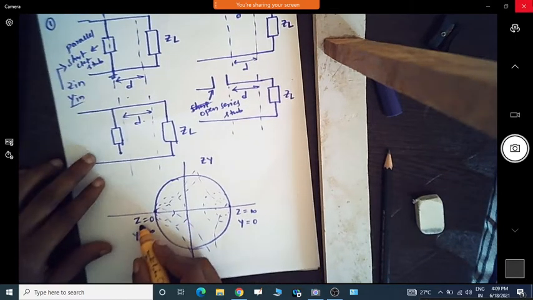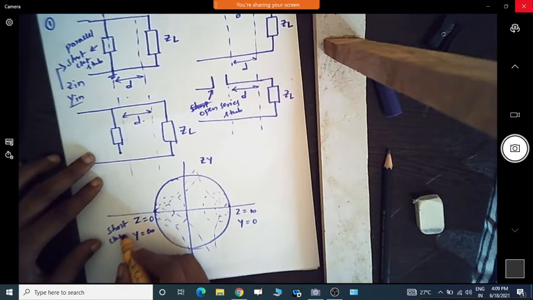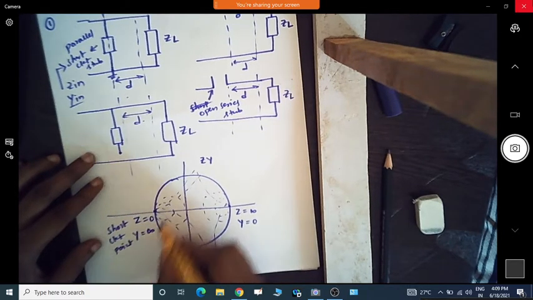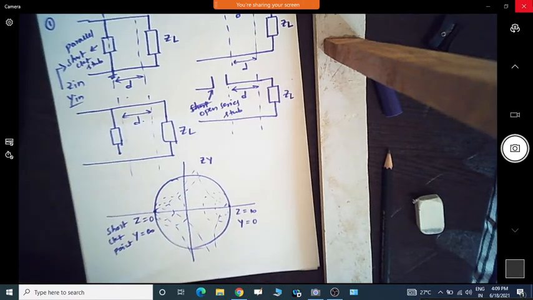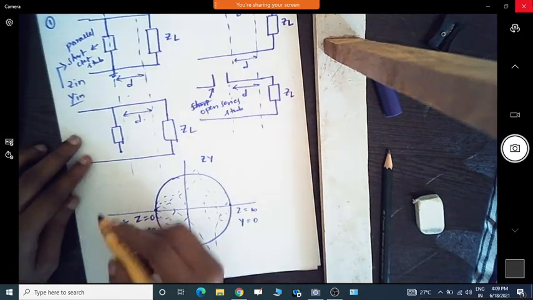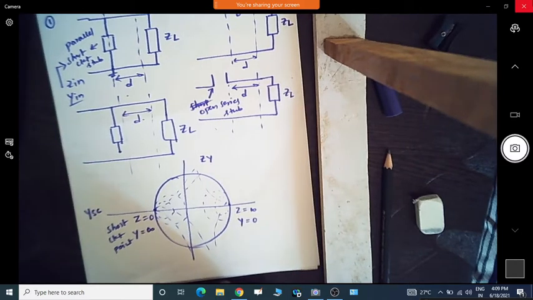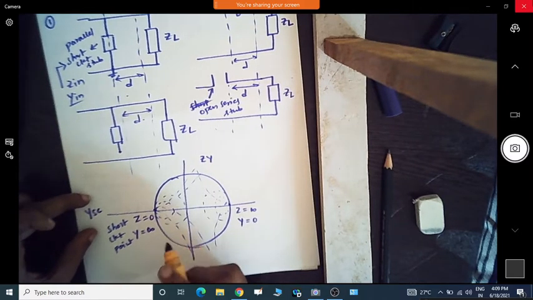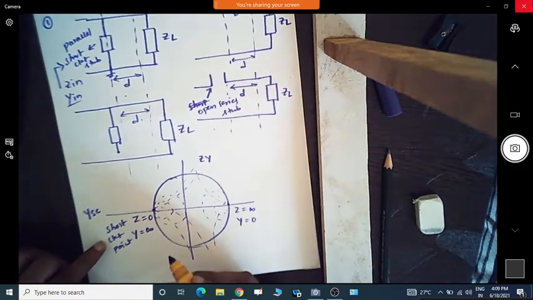So now here, this is a short circuit point in your Smith chart. So we have y equal to infinity. Now for the short circuited stub, let us take that this is offering some susceptance YSC. Okay, so that is the susceptance which is offered by the parallel short circuited stub.